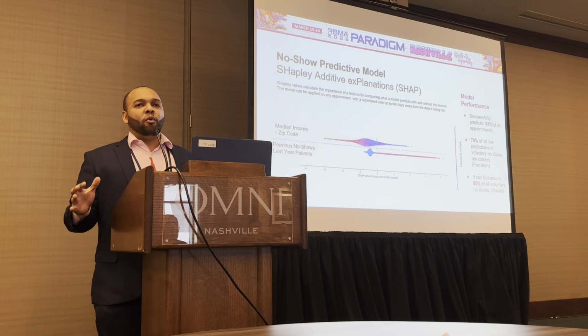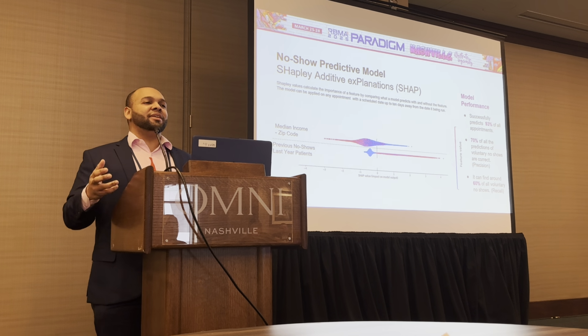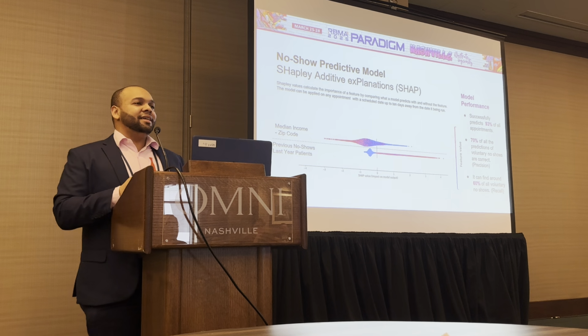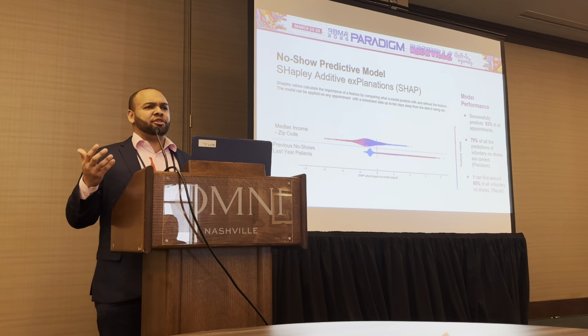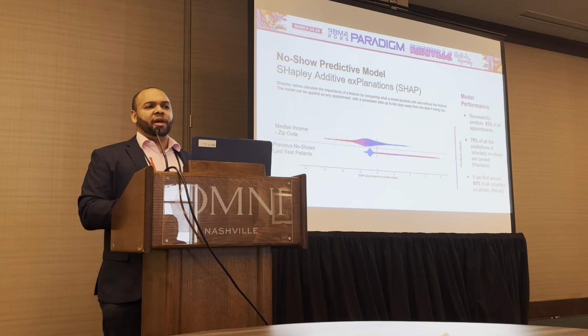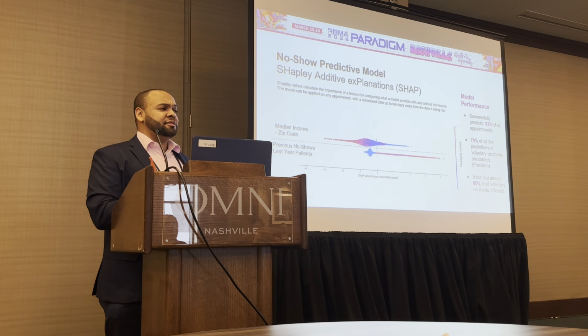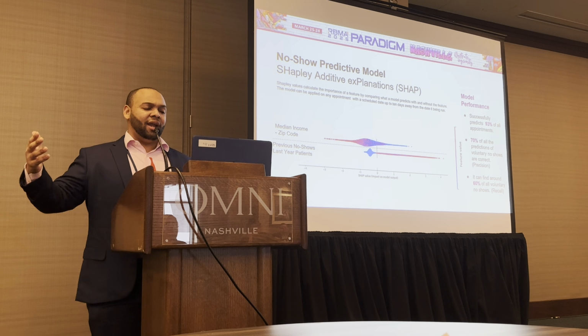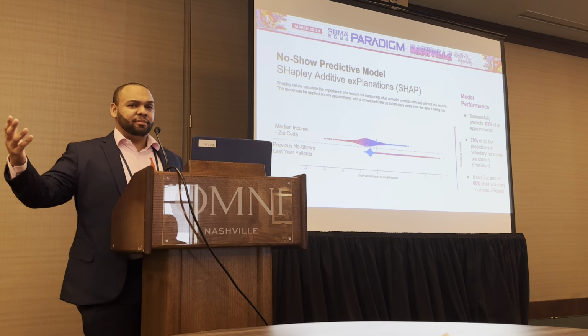The highest predictive power that we found is in the median income, which we extrapolated using the zip code, and also the patient's previous behavior. Meaning that if a patient has not shown in the past, they are significantly more likely to not show again in the future, obviously.